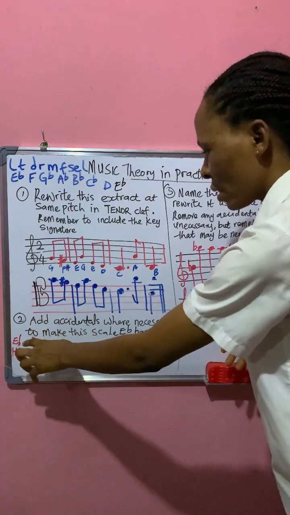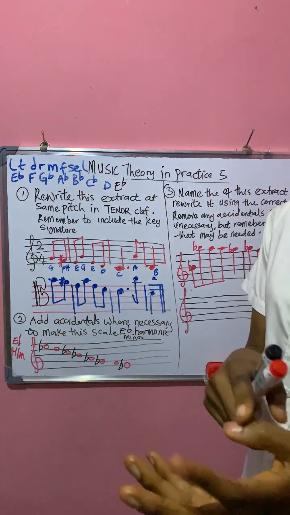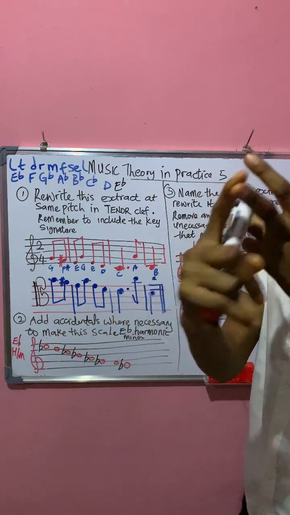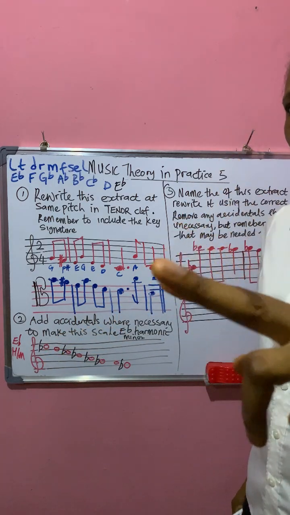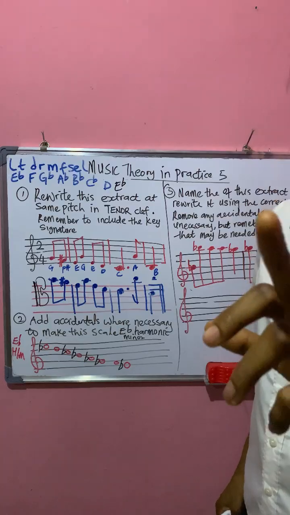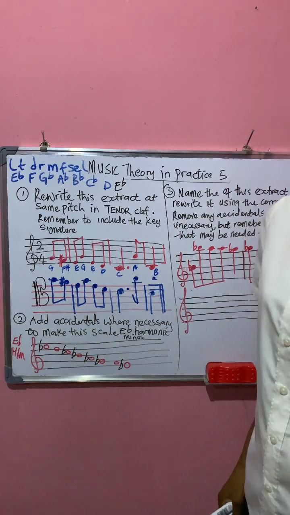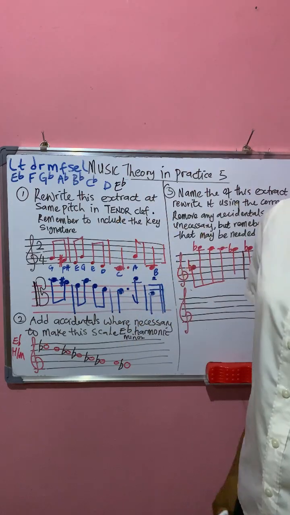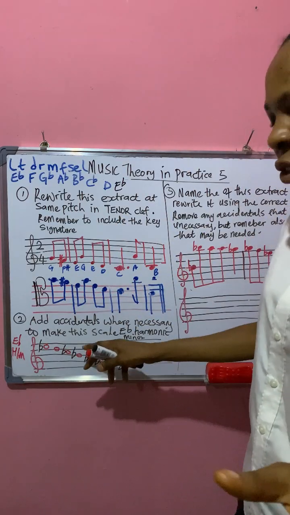So now it's E flat, so you count E flat, F, G: La, Ti, Do. So you found your Do at G, and since it can't be a natural G or a G major, it's a G flat major.